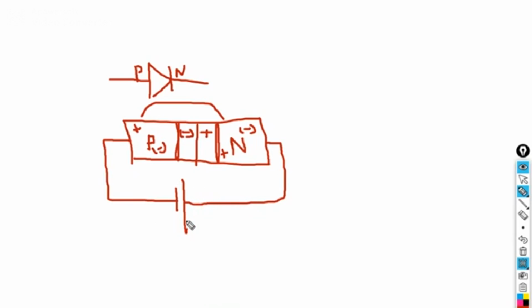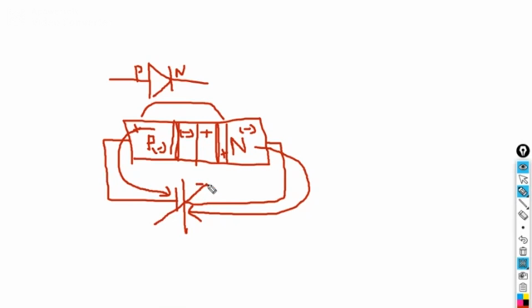The holes here will get attracted towards this negative end, and the electrons here get attracted towards the positive end. That means the depletion region size will increase. So during reverse bias, the depletion region size will increase.